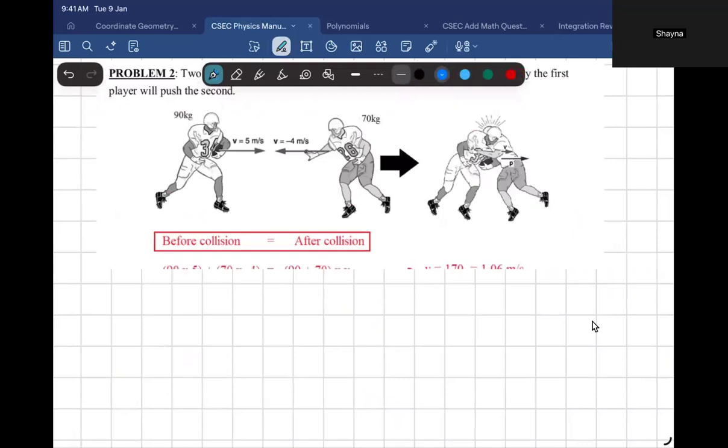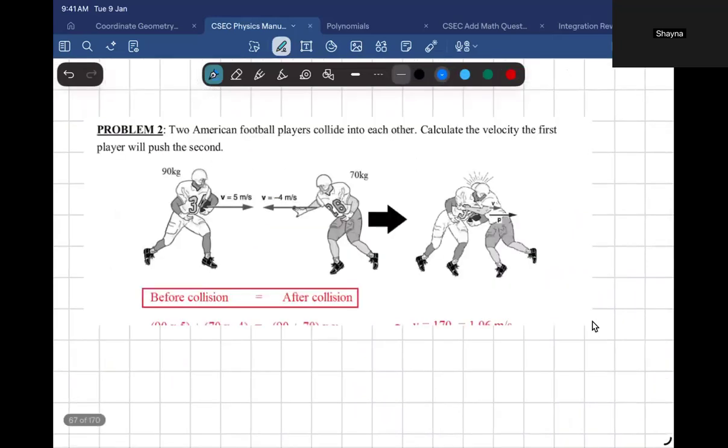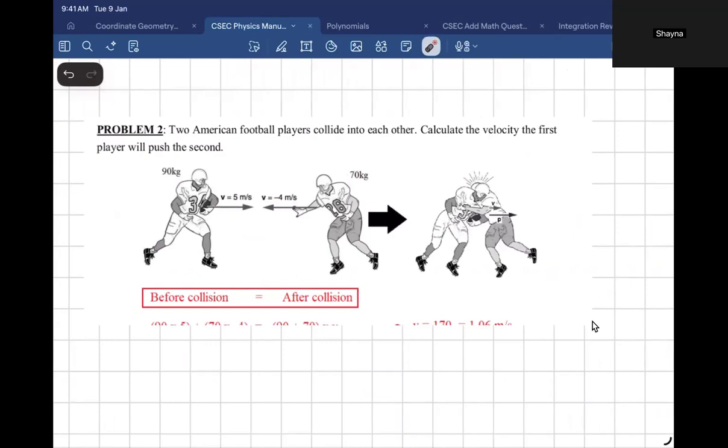So I have a question, right? If we want to figure out the velocity the first player will push the second, are they moving as one mass? No. You say no? Sorry, wait, let me think. Yes, they're moving as one mass. If this one is pushing, they come like a clump together.